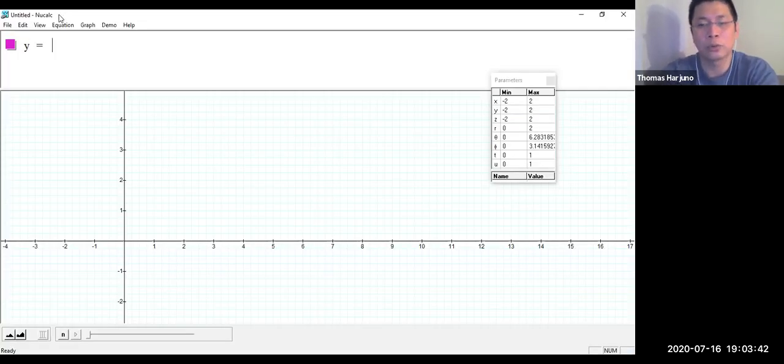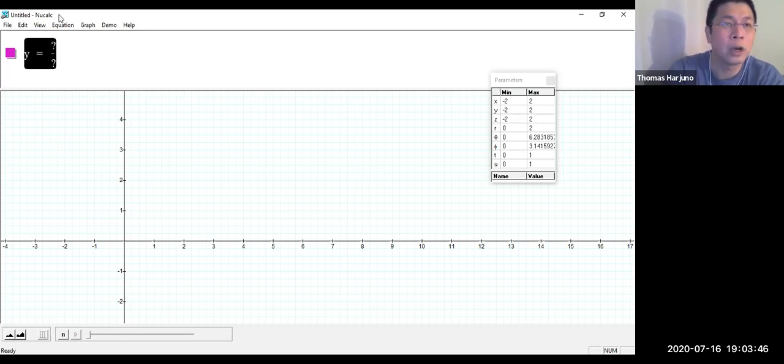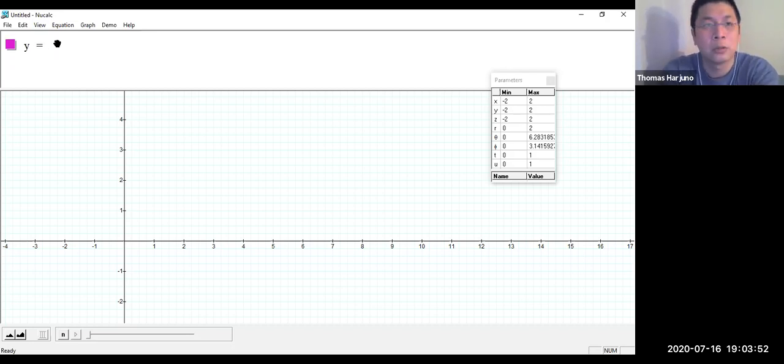Y equals, on the top, x squared minus 5x minus 6 over x squared minus 1.